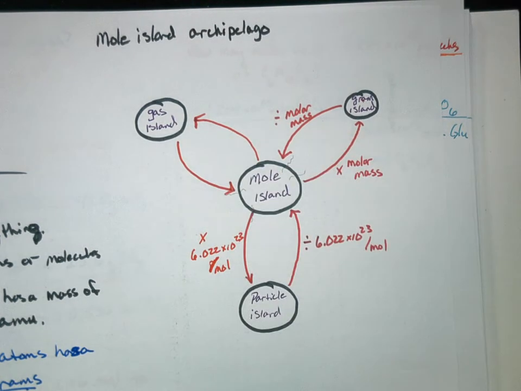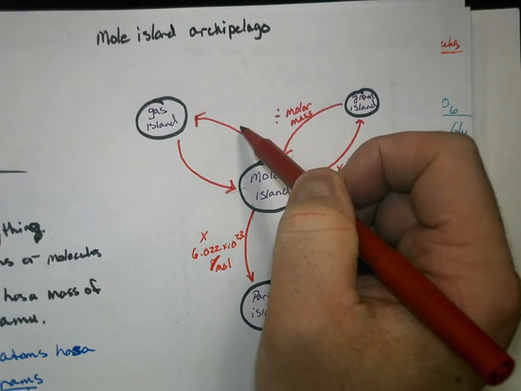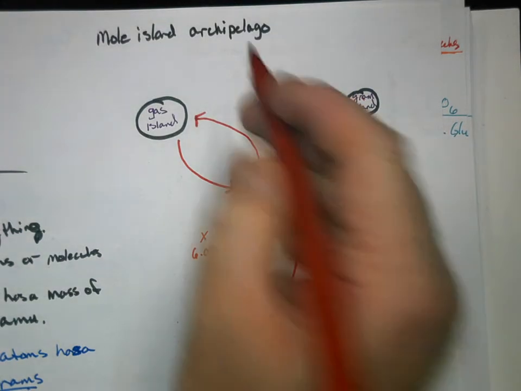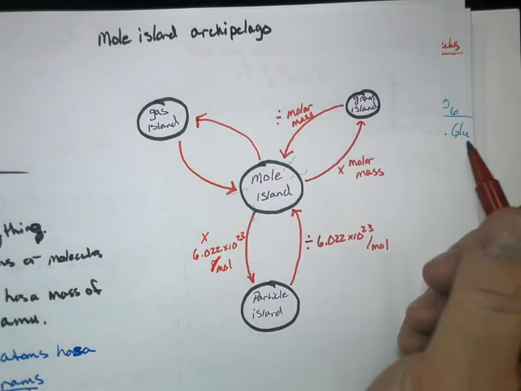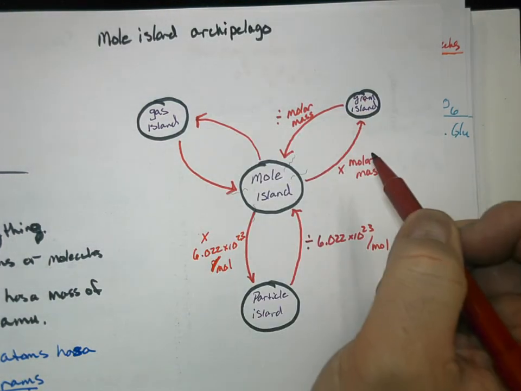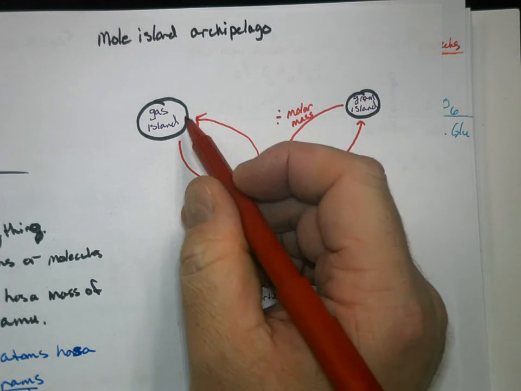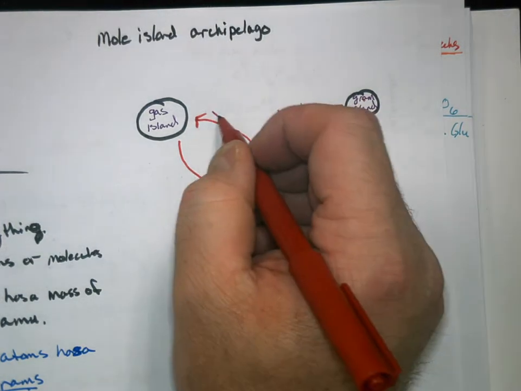Okay. Based on the pattern you see, what should I put over here? Multiply by what? Why multiply on this particular one? Because on all the other ones that you go from the top to the outer, you multiply. From mole to the outer island, we multiply. Multiply by what's going to go here?